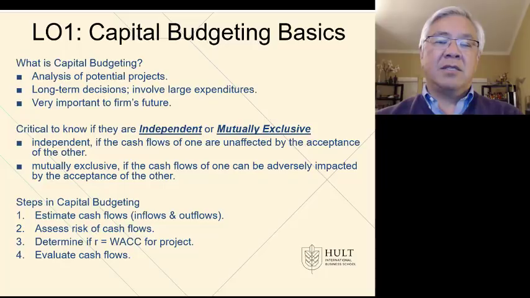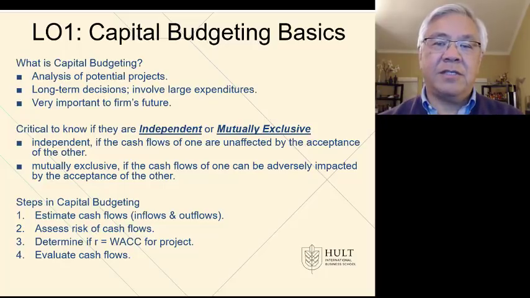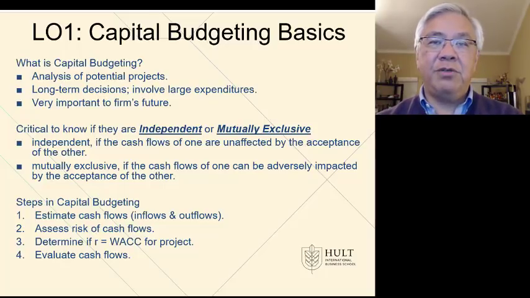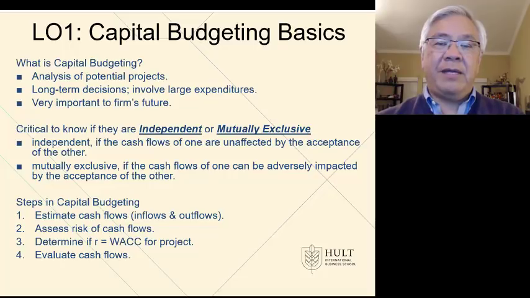So one of the major demarcations in terms of consideration is: is it mutually exclusive or independent? Now this just sounds like words for now, but they're quite important. Independent means if you have 5 projects, that means you could do each of the 5 or any of the 5 individually or collectively because they don't rely on each other.